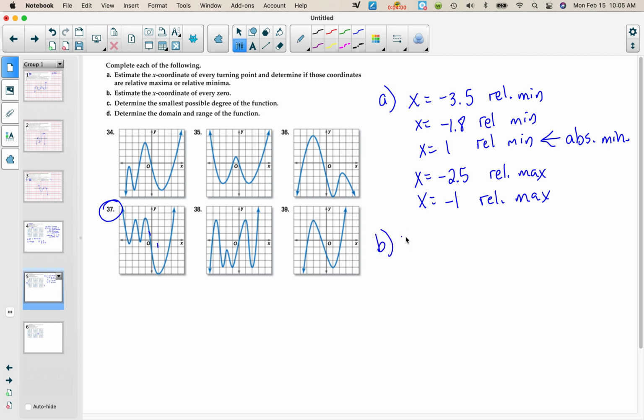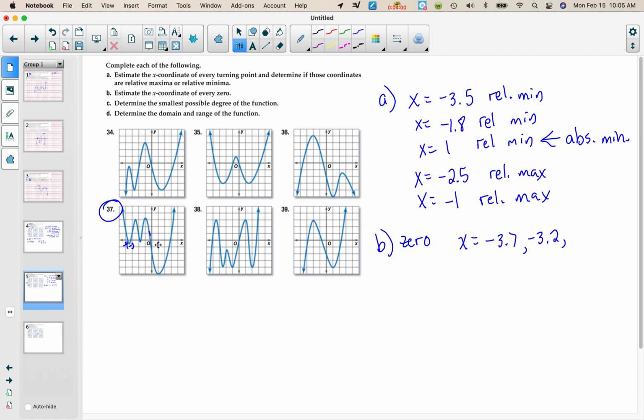For part B, the zeros, we've got at about x equals negative, let's see, this is -4, this is -3. So we have about -3.7 and another one at about -3.2. We're just estimating these.